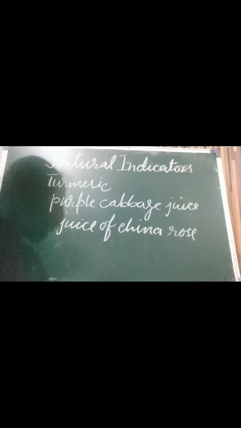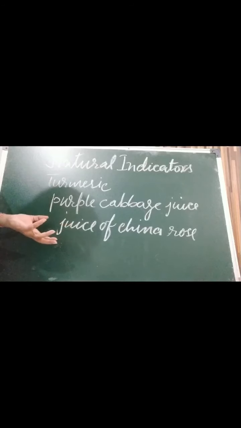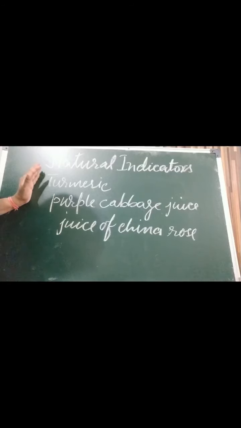That is why we call them natural indicators. Indicators can be prepared very easily from brightly colored parts of plants such as flowers, as I told you, China rose, roots, beetroot, purple beetroot, you know. Okay, stem, that is turmeric. Turmeric is a stem. We can take out the juice of this or we can use the powder.